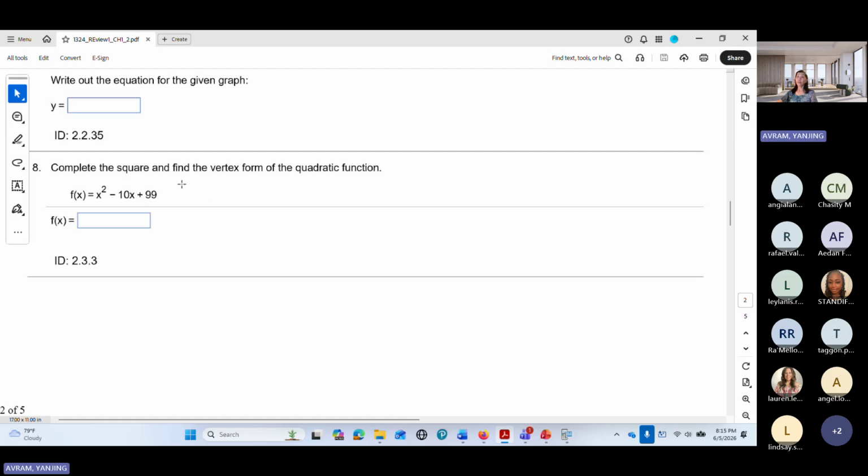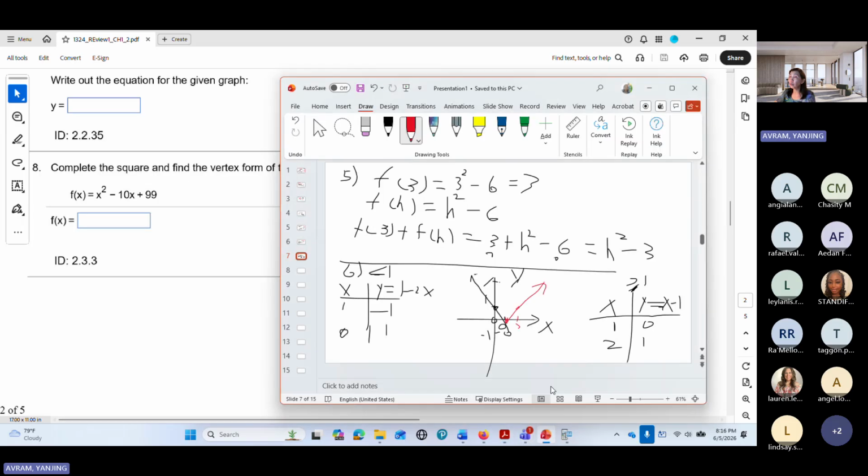I will let you have a one-page formula sheet for this chapter test. I will post it on Canvas, so you can have that one-page formula sheet for the test. And you can use either the completing the square method or the formula method. You have two ways to do this.